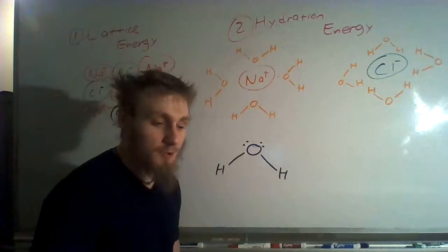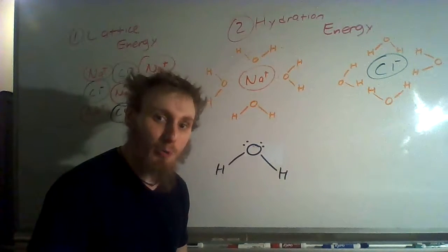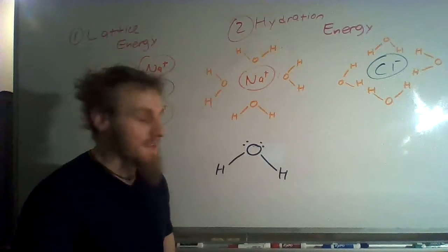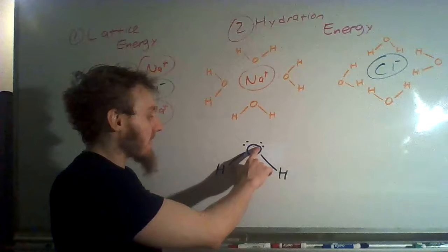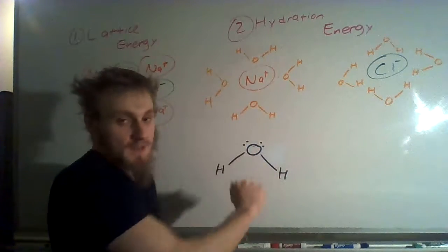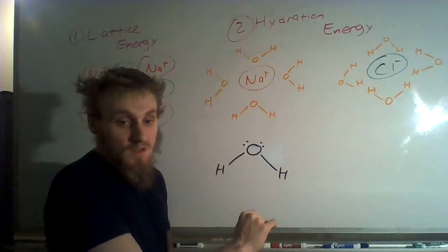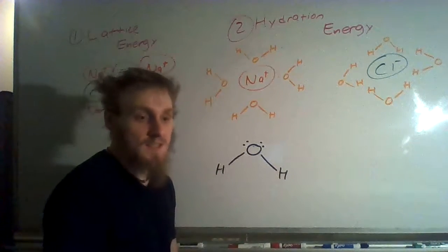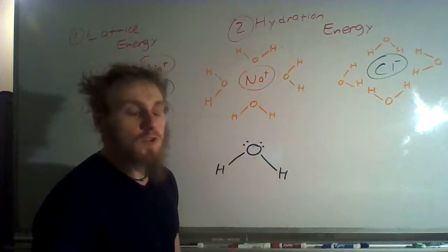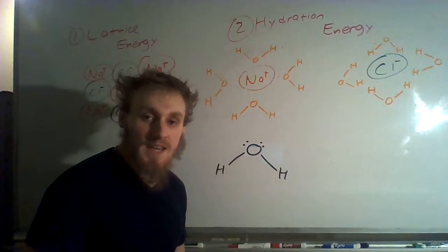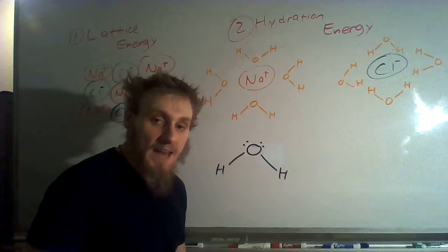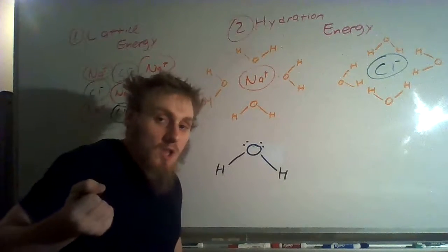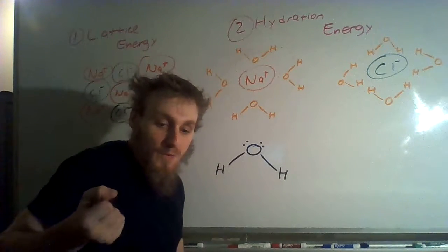Now, not only is water bent, it's also polar. Polar just refers to the fact that this molecule has atoms of different elements in here, and those different elements have different electronegativities. So you can basically think of electronegativity as the tendency of an atom within a molecule or a polyatomic ion to pull electron density towards itself.